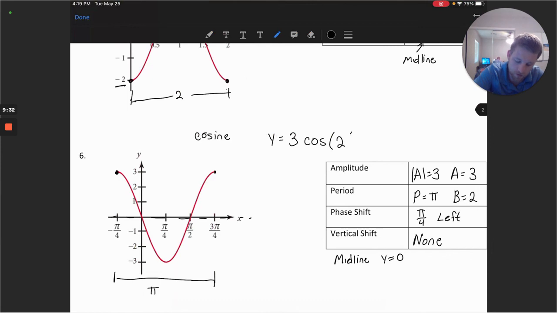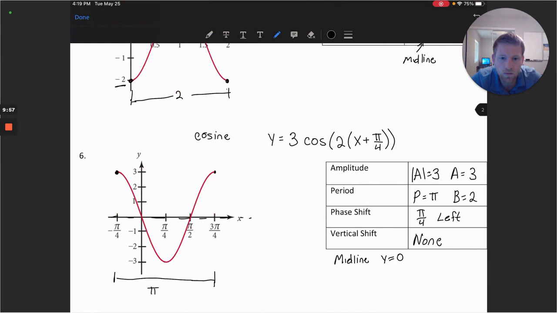And then I'll do a parenthesis x. And here, since I'm going to the left pi/4 units, I'm going to do a plus pi/4. And that parenthesis. And again, I'll just have a plus 0 on the end because of a vertical shift of 0 or a midline of 0, so I can leave that off.